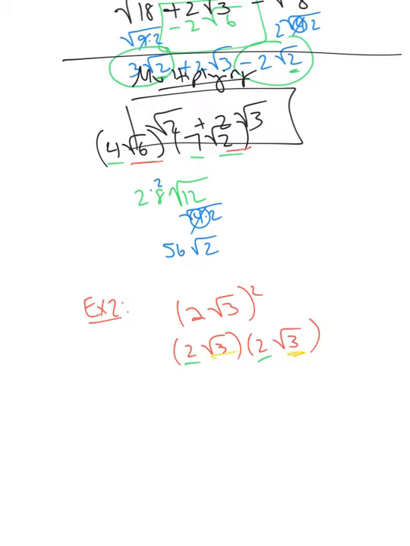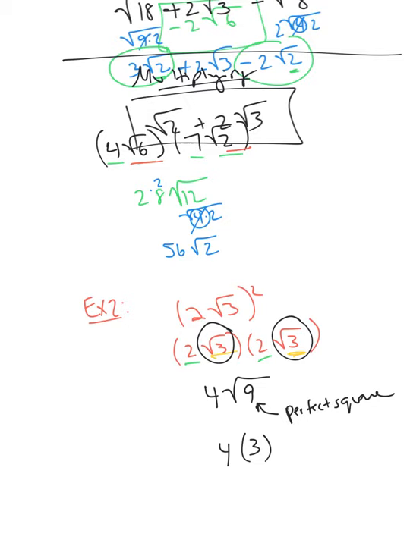So 2 times 2 is 4, and the square root of 3 times the square root of 3 is the square root of 9. But for this type of problem, whenever you multiply the same square root times itself, it ends up producing a perfect square. So you can take its square root. The square root of 9 is 3, just a regular 3. So the answer is 4 times 3, which is 12, like a regular old 12. There's no radical in your answer.